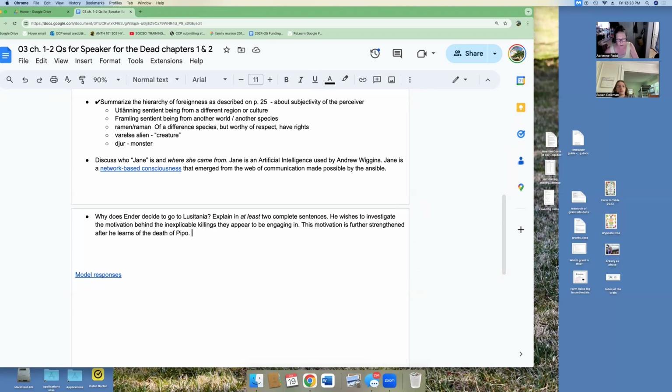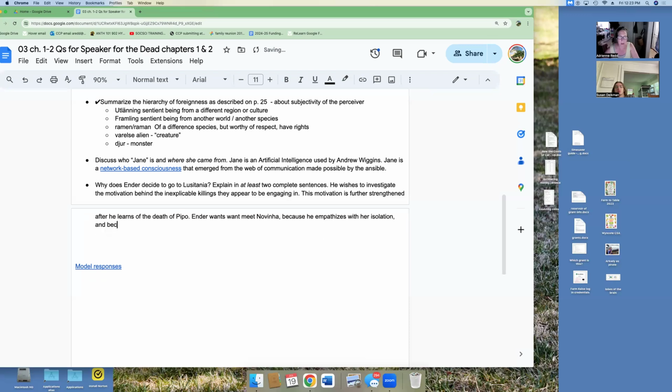So Ender wants to meet Novinha because he empathizes with her isolation and because he wants to find a home for the Hive Queen.